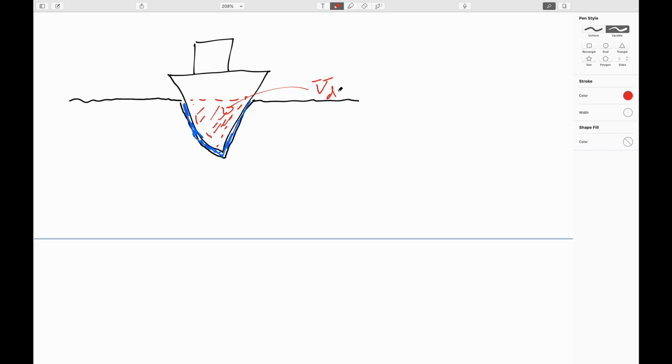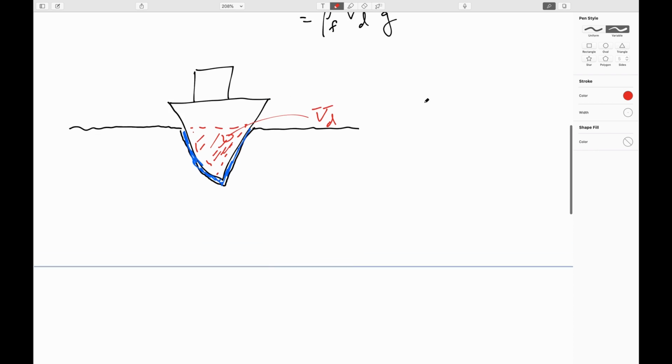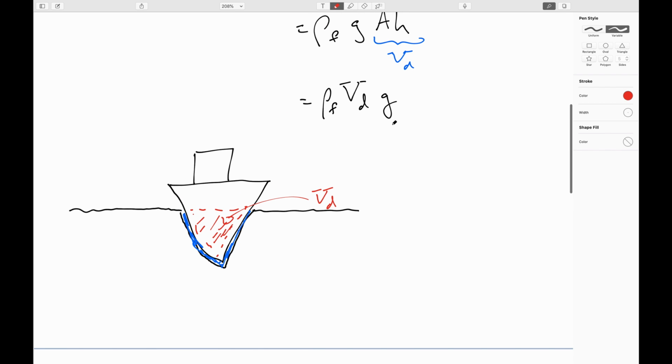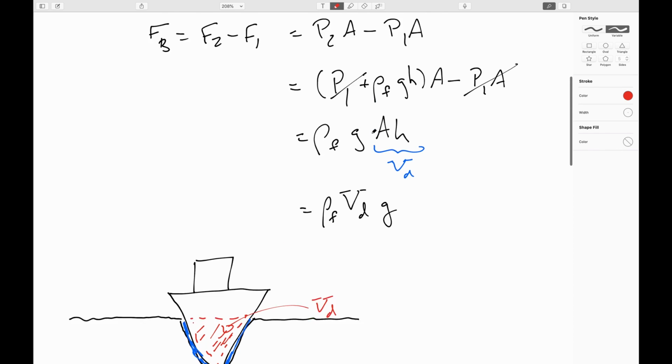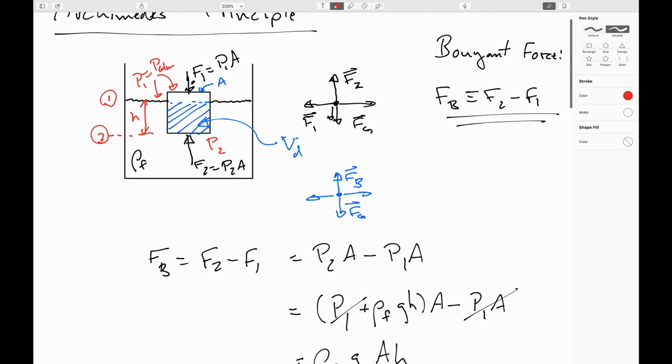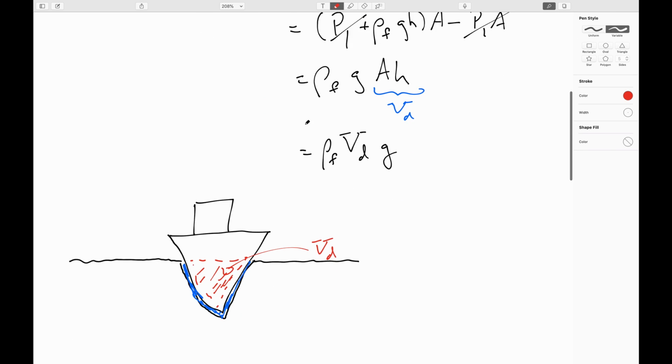That's why I said that this quote-unquote displaced volume, that amount of fluid need never have existed. It's a horrible name, but I haven't seen anybody try to say anything else. And yes, before you get all fussed about the fact that I only did it here for a cube, and here now I did it for a whole shape, the result, even though I only did it for a cube, still applies.